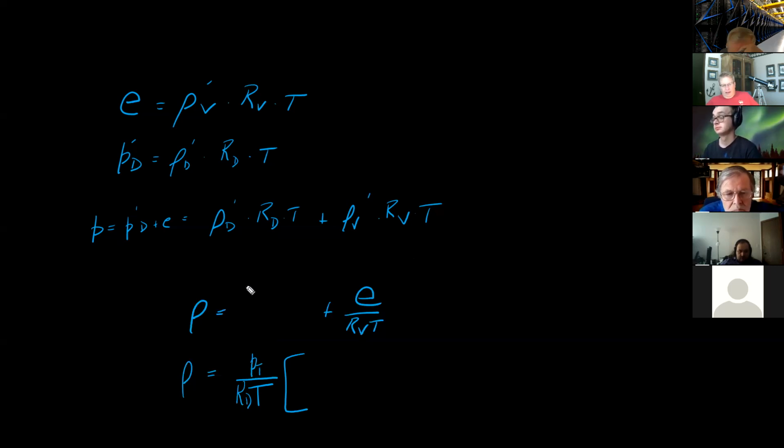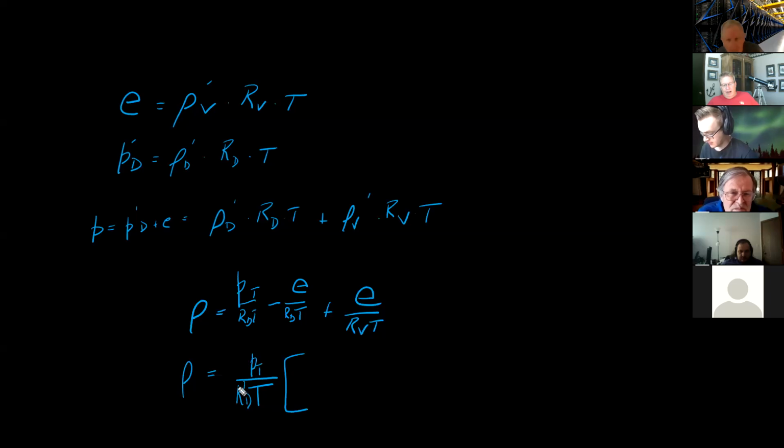I'm going to think of it as P total over RD T minus E over RD T. They're refactoring. Right? So that's really what it is.